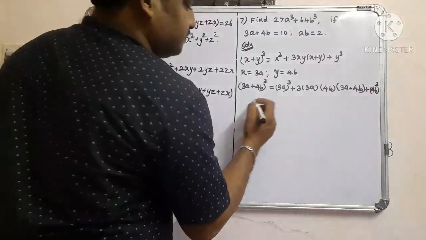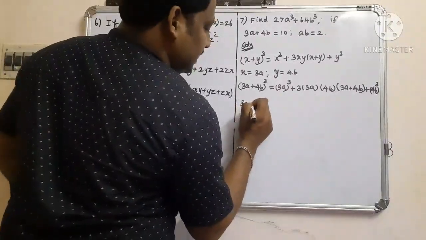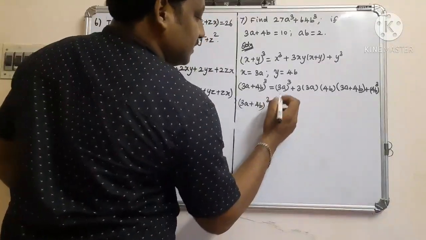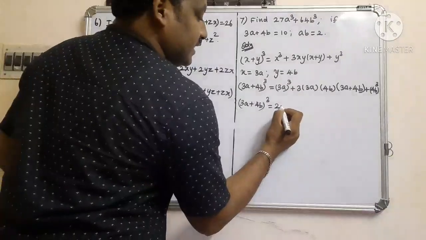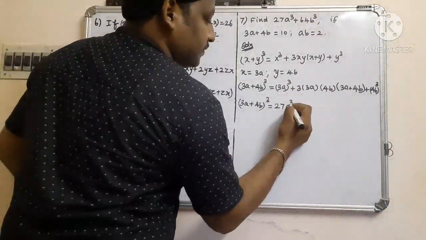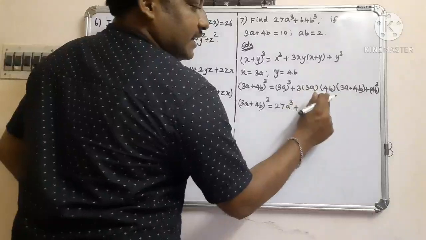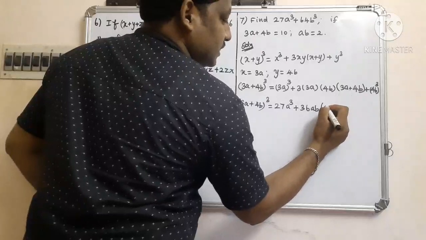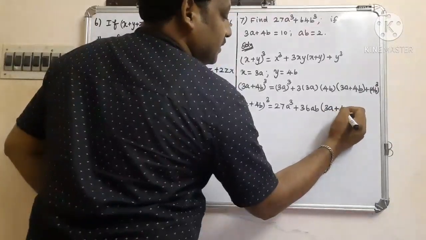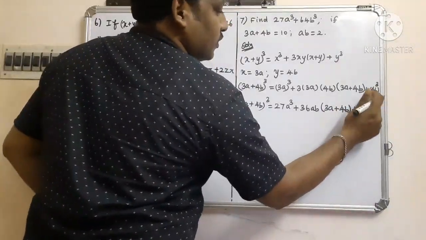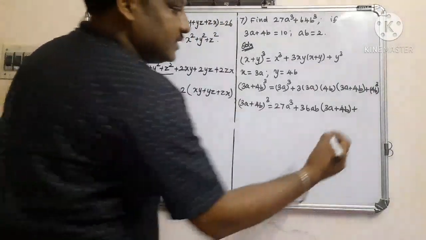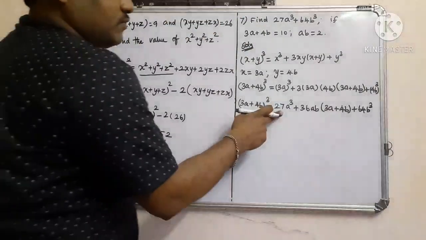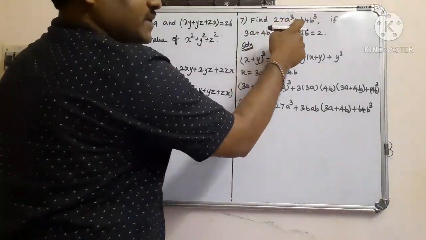So now we have to expand it. 3a plus 4b the whole cube is equal to 3 cube is 27a cube plus 3 3s are 9, 9 4s are 36ab into 3a plus 4b plus 4 cube: 4 4s are 16, 16 4s are 64b cube.